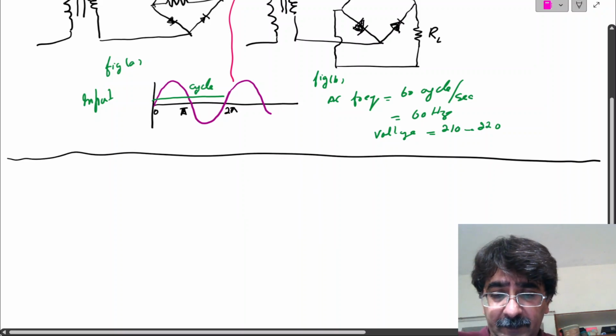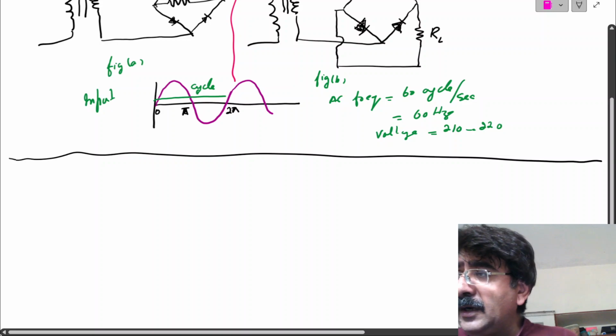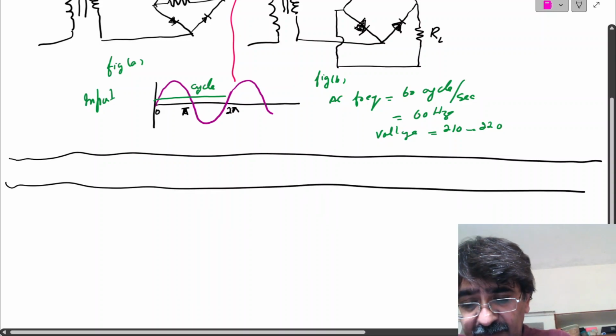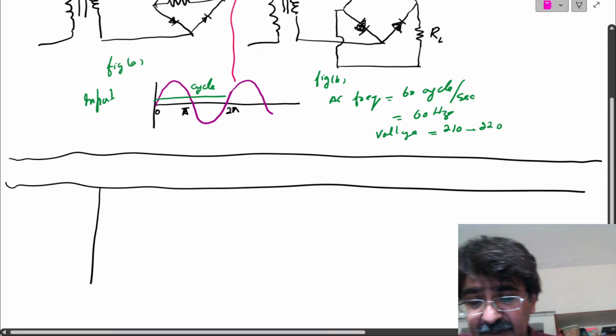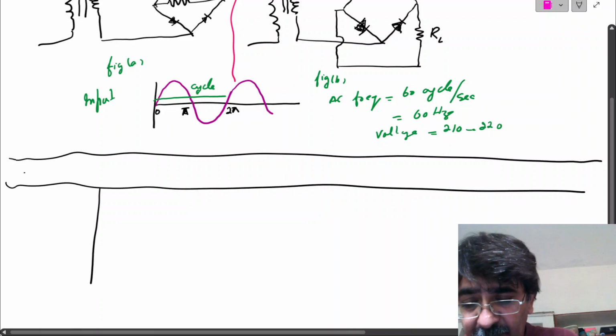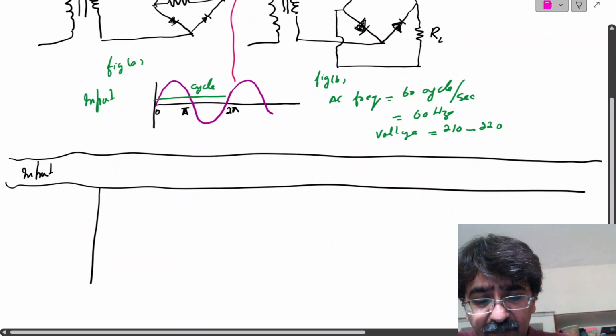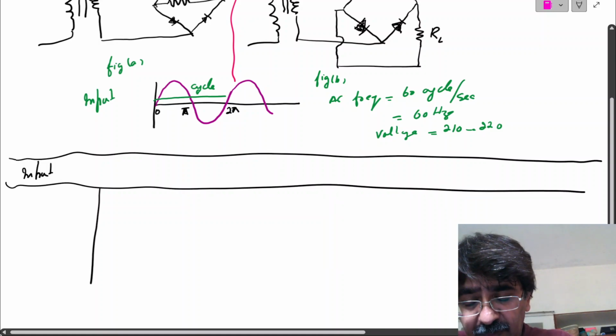Now we will draw the equivalent. We will try to understand its working by discussing the different parts of the input AC wave.